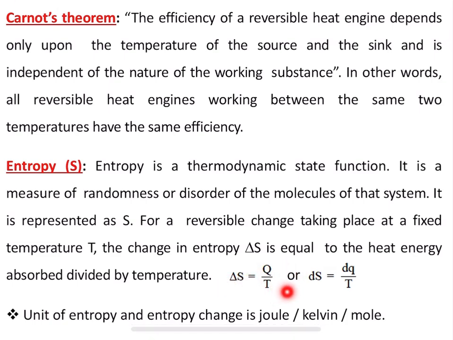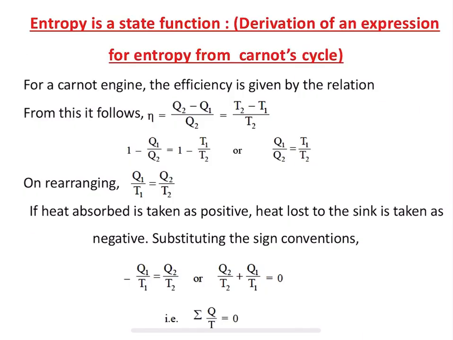It can also be written in derivative form, that is dS is equal to dq divided by T, where dq is the heat energy absorbed. The unit of entropy and entropy change is joule per Kelvin per mole.